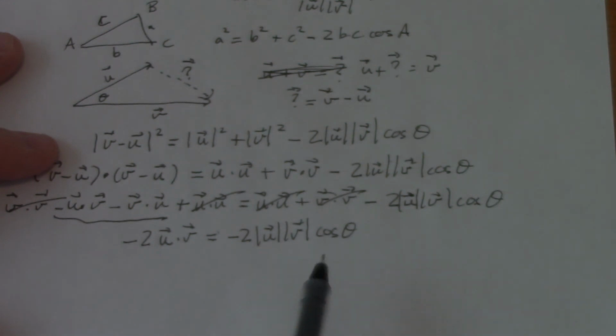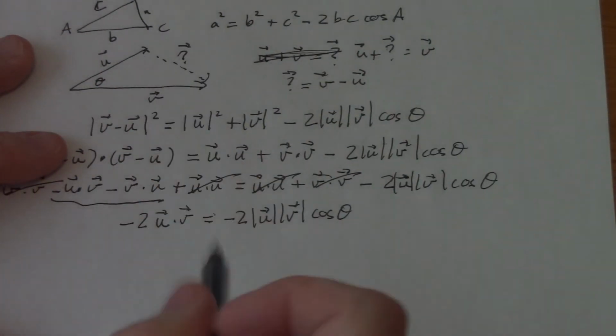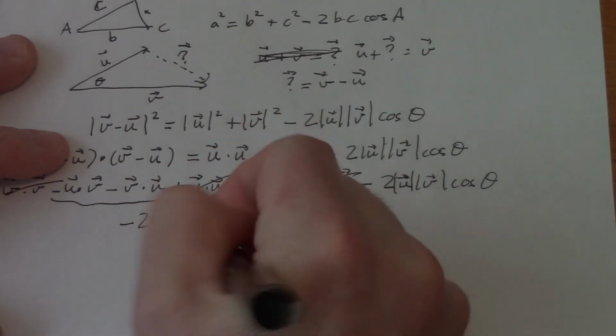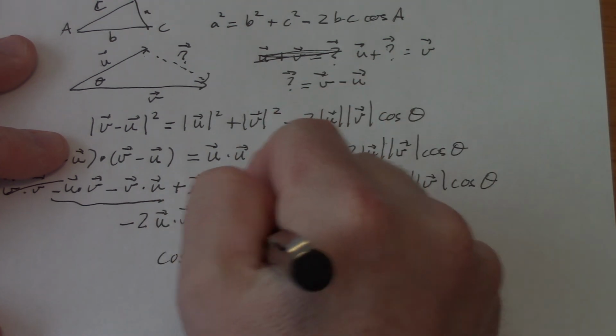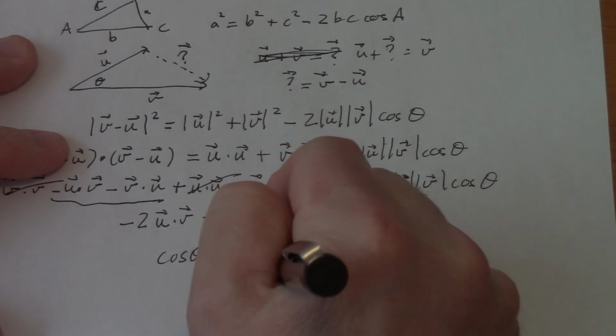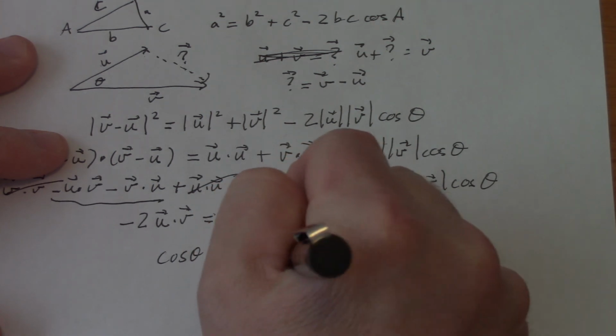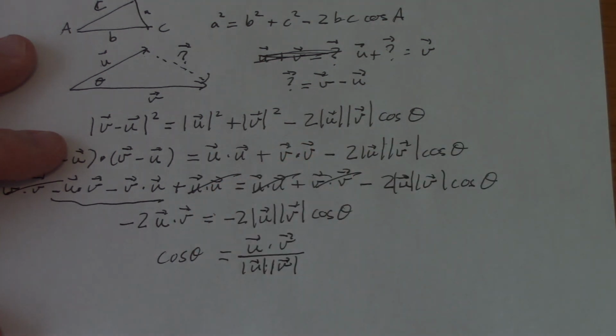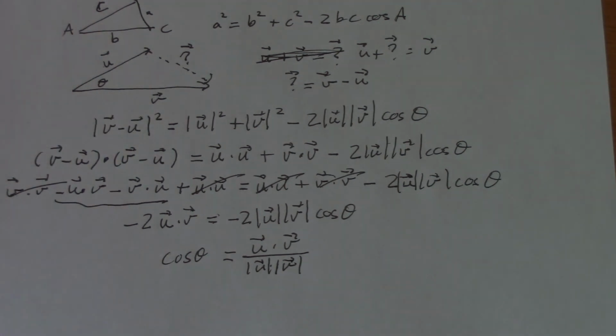And then if I just solve for cosine theta and divide by everything else, I get that cosine theta equals U dotted with V over the magnitude of U times the magnitude of V. Okay, and we have that relation. So we'll use that in our next video on dot product.